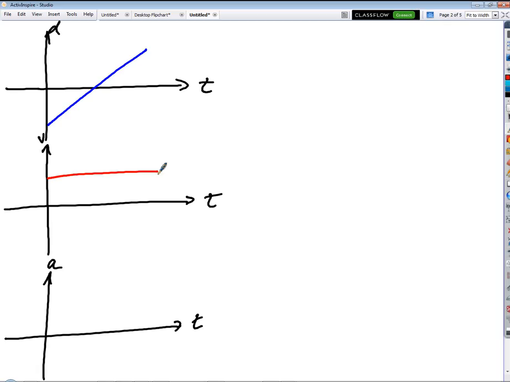Constant and positive. So then, Alyssa, I'm going to challenge you: what's going to be the acceleration time graph? What do you think that's going to look like? Keep in mind, we said that A is to V like V is to D. So the value of velocity equals the slope of the position time graph.